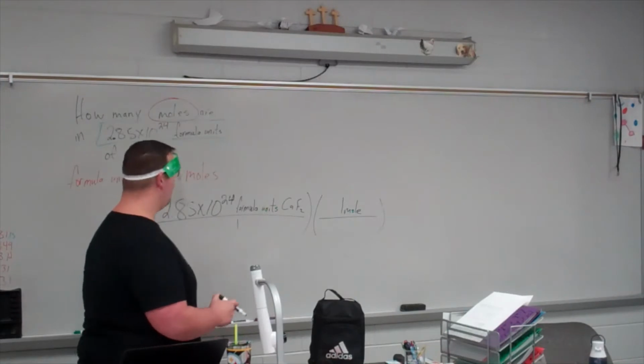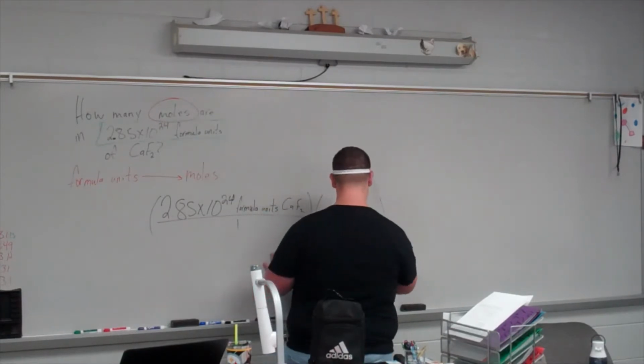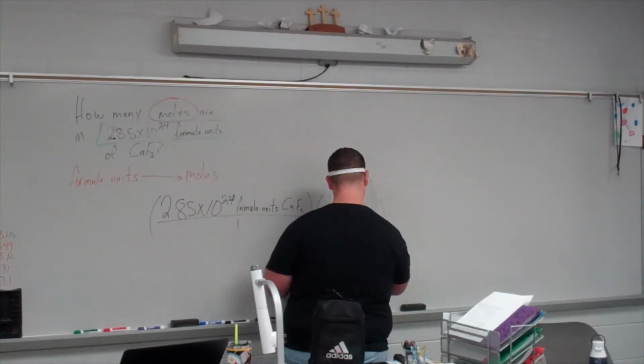Avogadro's number. Beautiful. It's 6.022 times 10 to the 23rd power formula units calcium fluoride.